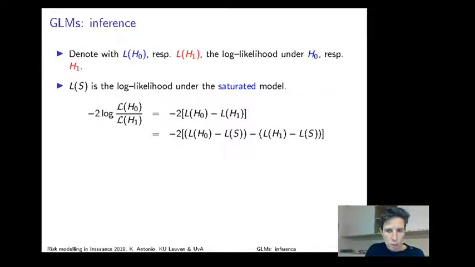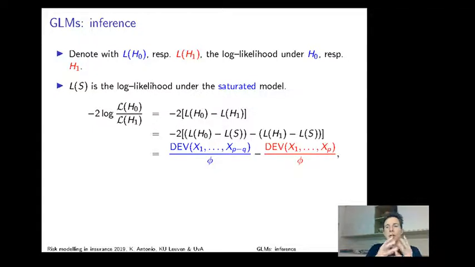And in this notation, we use S and L_S to refer to the saturated or full model and its corresponding log likelihood. So what you recognize here is the scaled deviance of the model under the null hypothesis minus the scaled deviance of the model under the alternative hypothesis. And that's why we refer to this test statistic as a drop-in deviance test statistic.